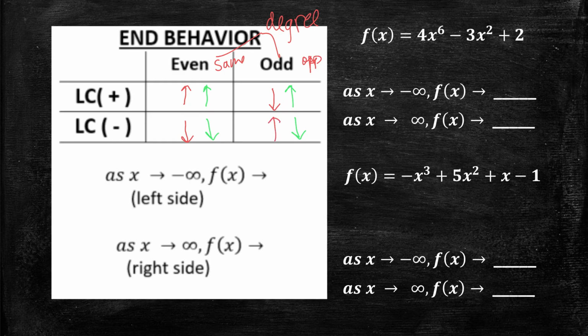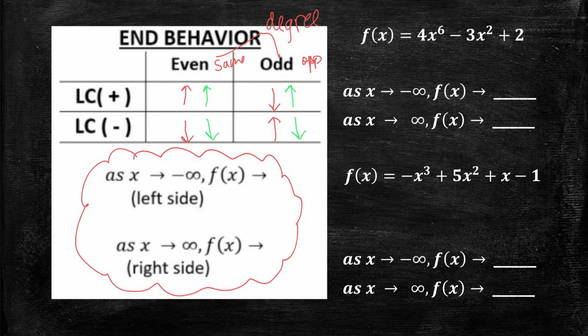Now, remember that this is the terminology that we use all the time, and then you would just have to fill in this part right here. So this is saying as x approaches negative infinity, well, when x approaches negative infinity, that's this way. And so that's on your left side. When x approaches positive infinity, that's going this way.